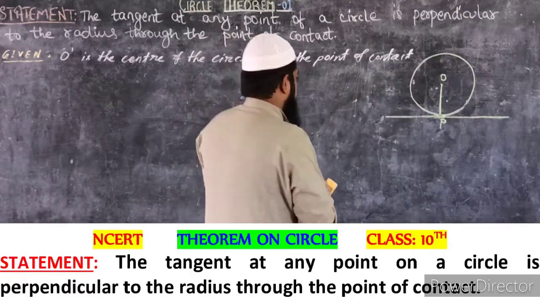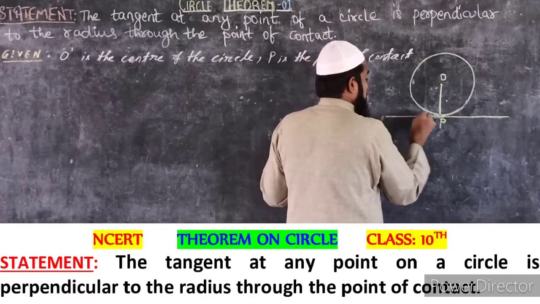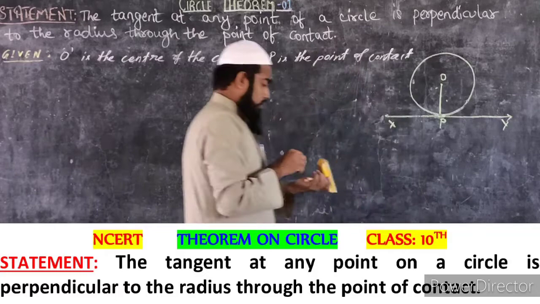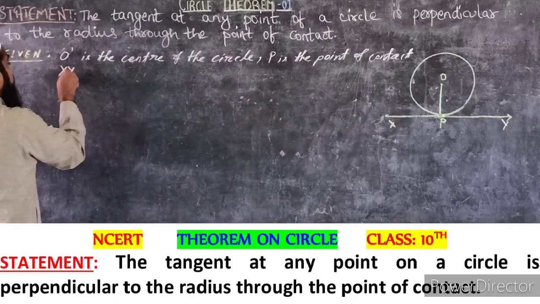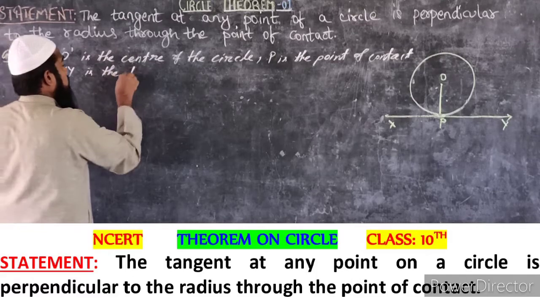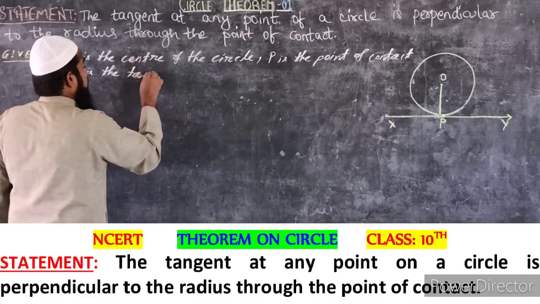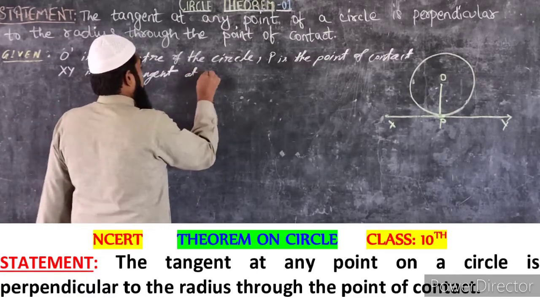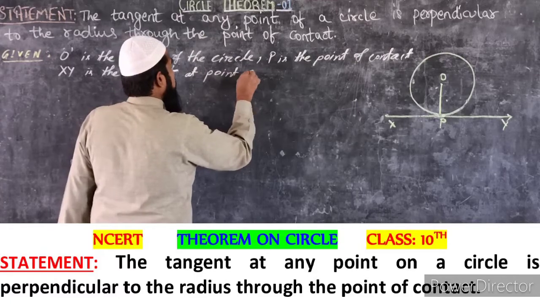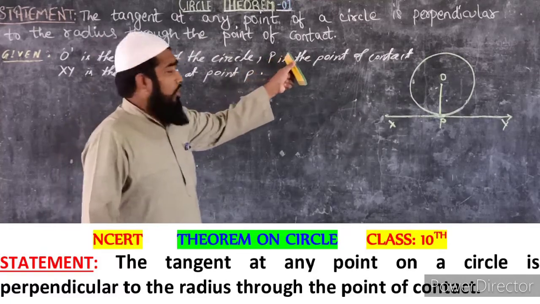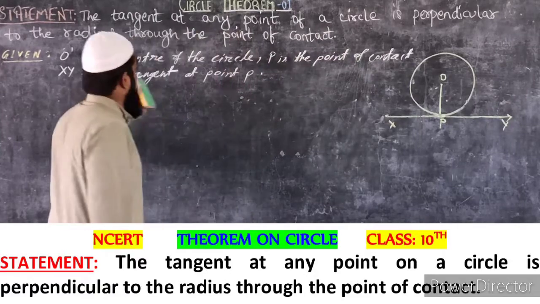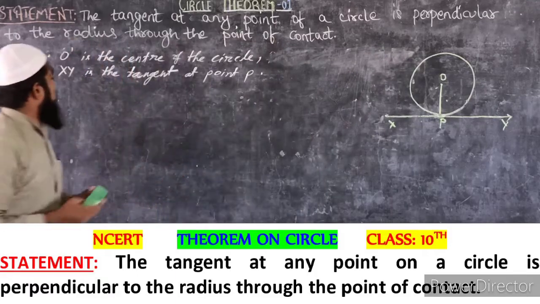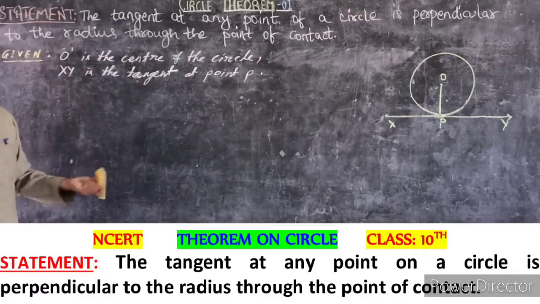And one more thing, we will name this line as XY. Then we have to mention that XY is the tangent drawn to the circle at point P. Or if you don't want to write this, it is enough to say XY is the tangent at point P. Better not to write this. We can say O is the center of the circle, XY is the tangent at point P.